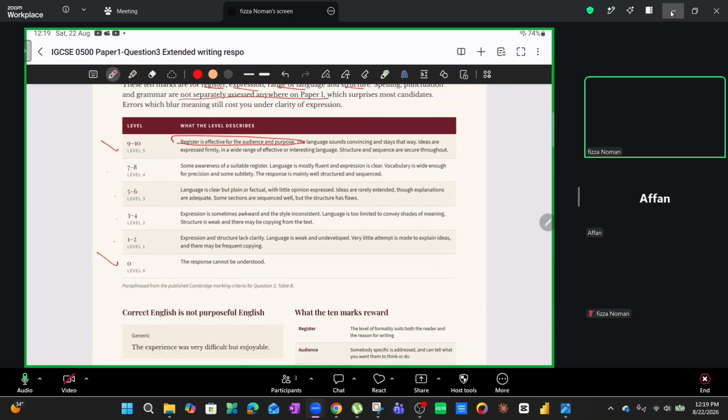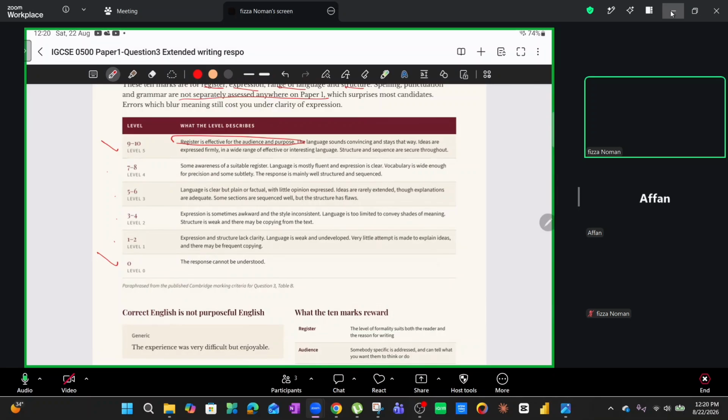Whereas if it's someone you are not on friendly terms with, you are in a more professional capacity with someone older than you, then obviously you will speak to them in a more formal capacity, right? For that, there are rules to follow, and that is what we call the register of writing. Make sense?